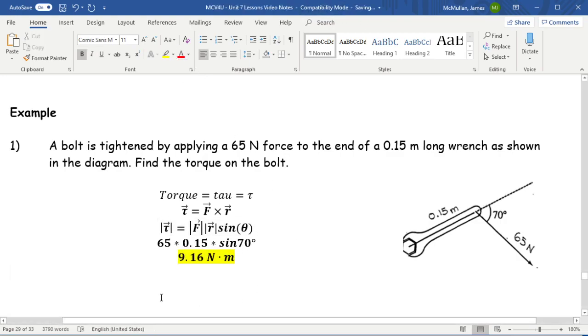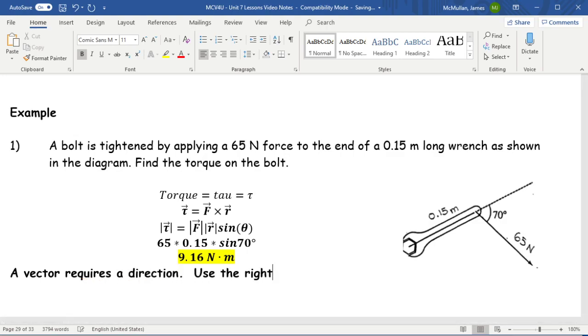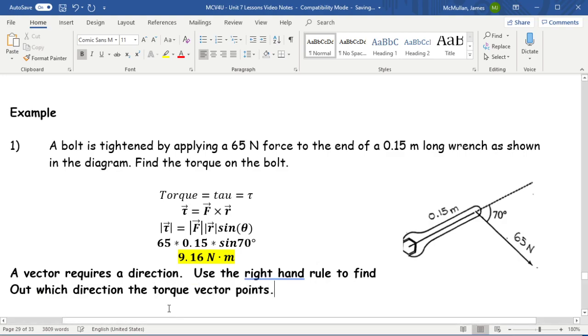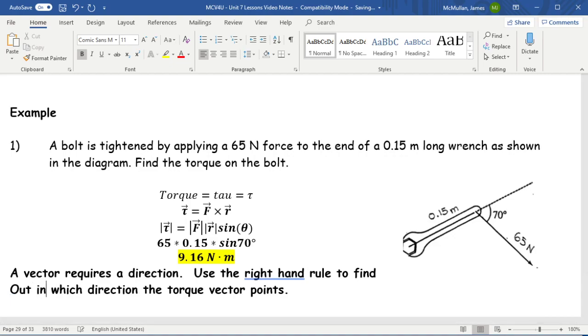A vector needs a direction. Use the right-hand rule to find out in which direction the torque vector points.